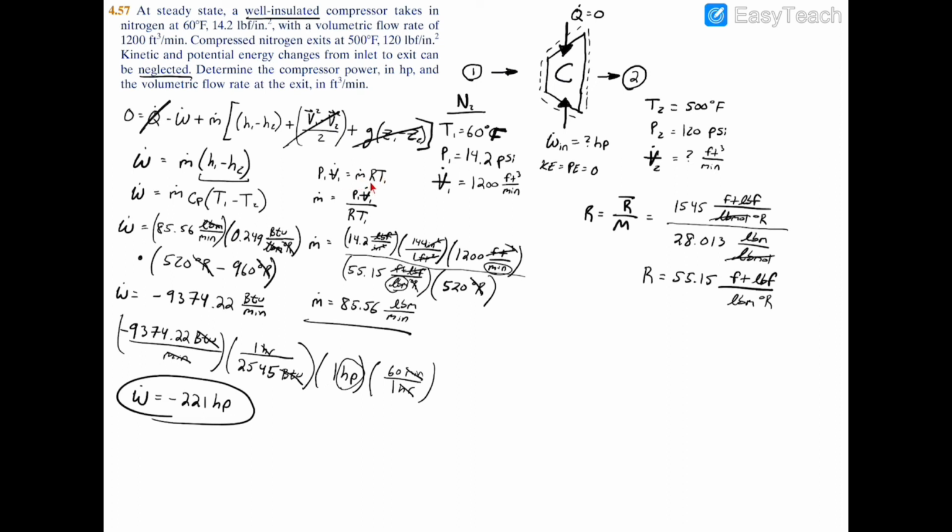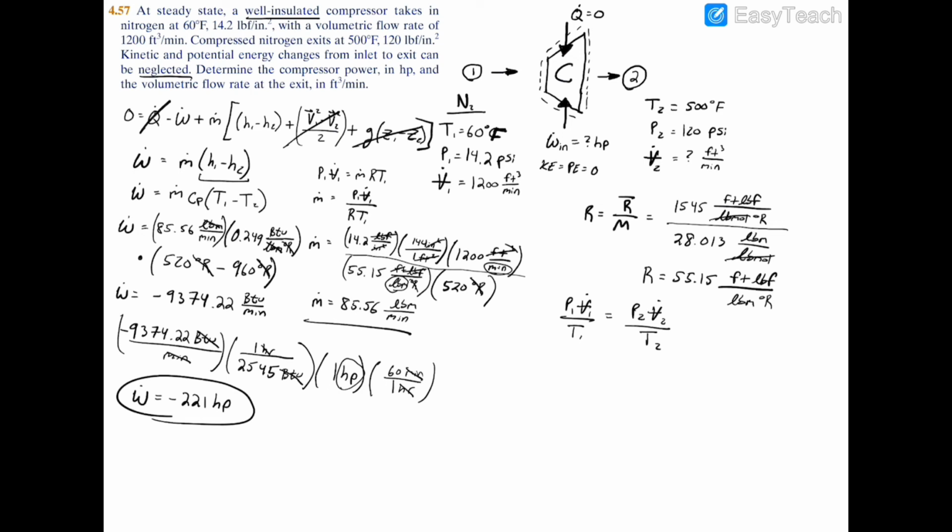So if we divide both sides by T1, we'll have that P1V1 over T1 equals MR, and MR is equal on both sides. So therefore, the expression P1V1 over T1, which equals MR, must equal P2V2 over T2. It must make sense because the mass flow rate and the gas constant are conserved on both sides.